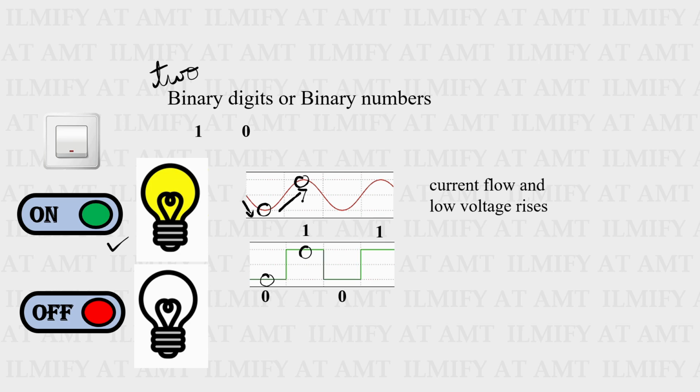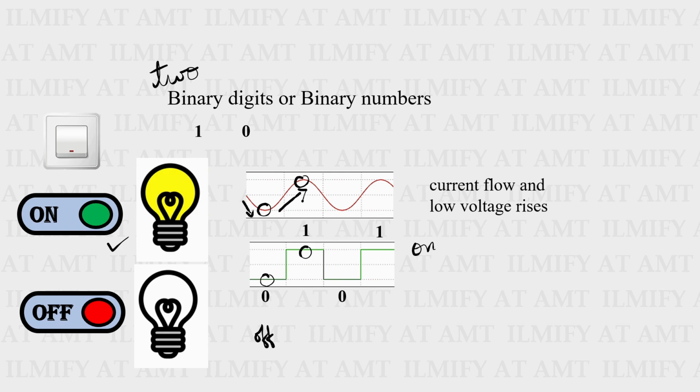We can say, whenever the switch is off, the digital wave shows 0, and whenever the switch is on, the digital wave shows 1. In other words, to make a circuit digital, we need something that works similar to a switch, an electronic component that can work with 0 and 1.